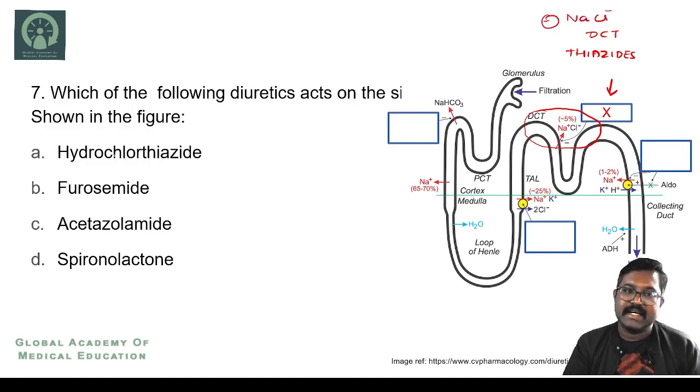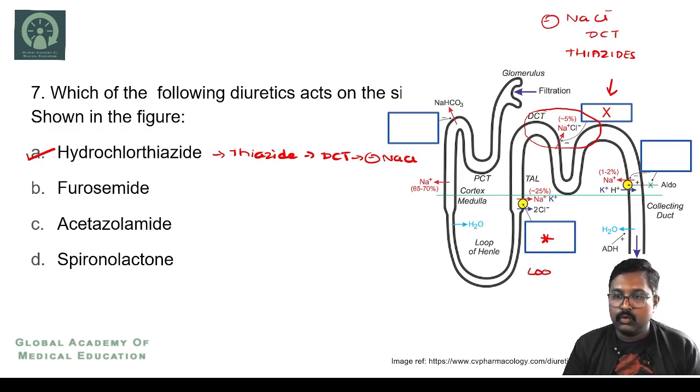Which is the thiazide example in the options? You have hydrochlorothiazide. Hydrochlorothiazide is the thiazide which acts at the distal convoluted tubule and inhibits the sodium chloride channels. If they had asked about this other site, the answer would have been the loop diuretics.